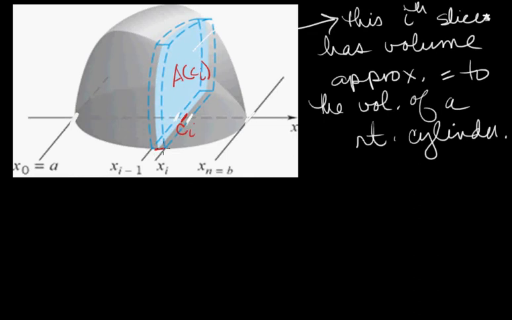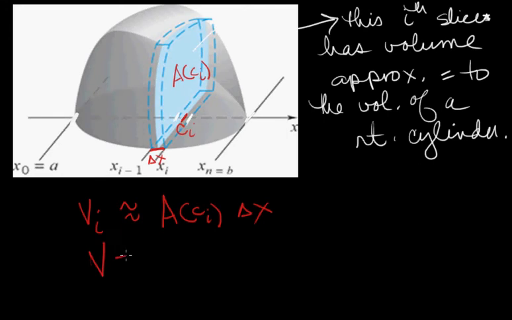And then we would multiply that by delta x, and we have the volume of a right cylinder with faces that are the blue piece. So it's not exact, but it's approximately. And we could say V sub i, the actual volume over the ith subinterval, is approximately equal to the area of the slice taken at c sub i times delta x, the volume of a cylinder.